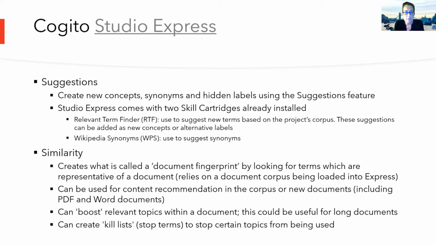And that can then be used for content recommendation in the corpus, or if you load up new documents, it's recommending that this content matches the fingerprint of the content you already have. So maybe you want to use the same thesaurus terms for classification. You can also use it to boost relevant topics within the document, which if you've got very long articles would be quite a useful feature, and create kill lists of stop terms.